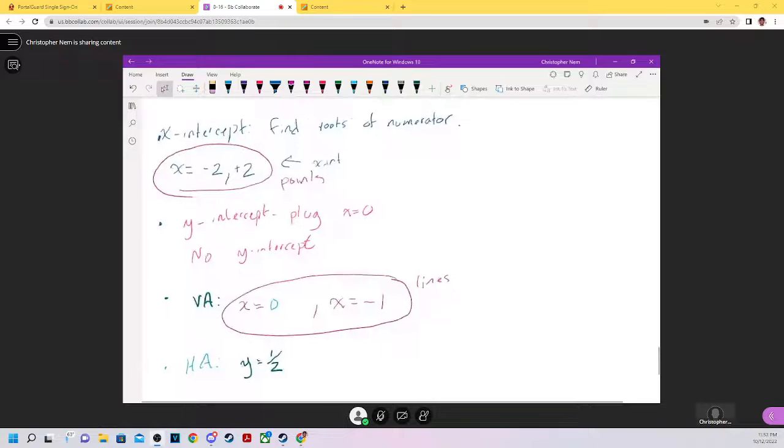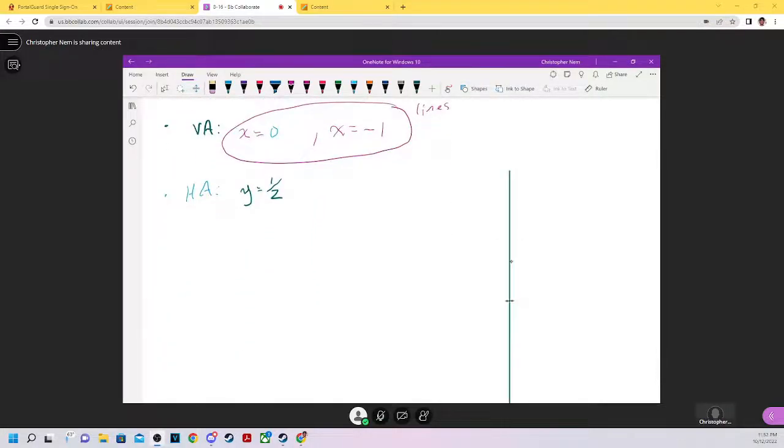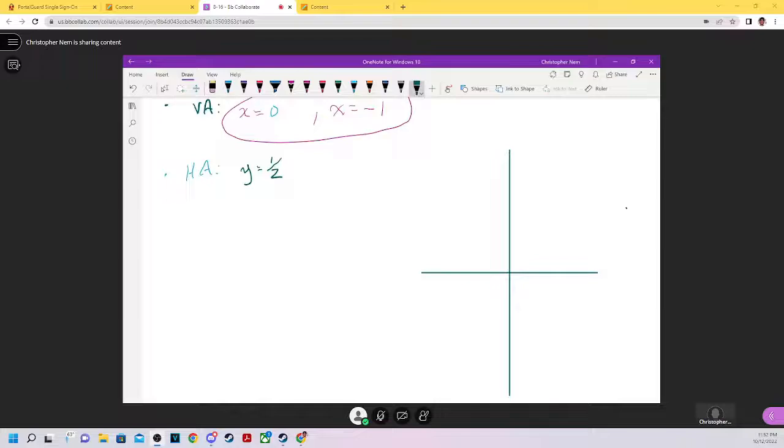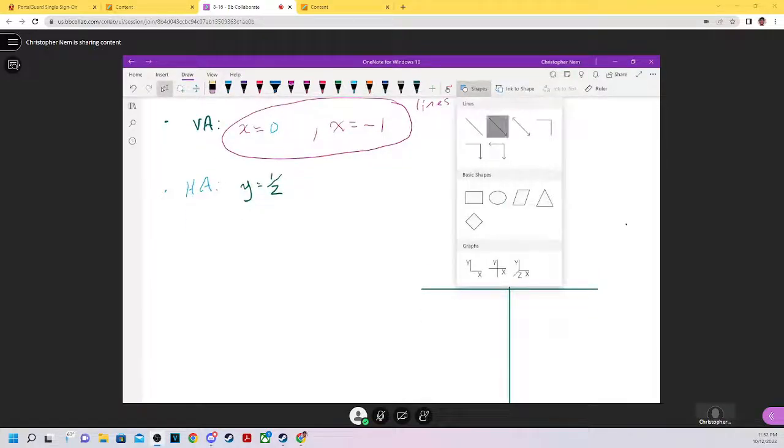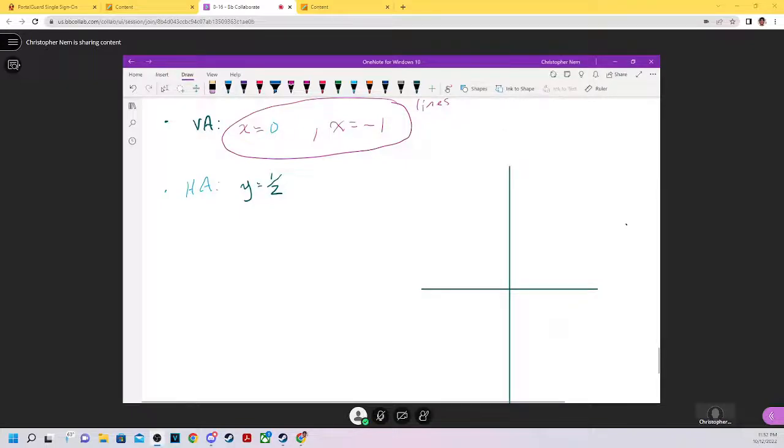So if I were to roughly sketch this function, I don't know how it behaves yet, but I know that my horizontal asymptote, let's draw my line, is y equals 1/2. So it's around here.